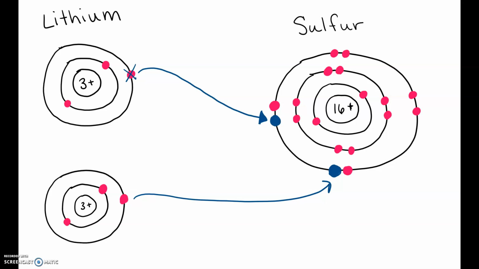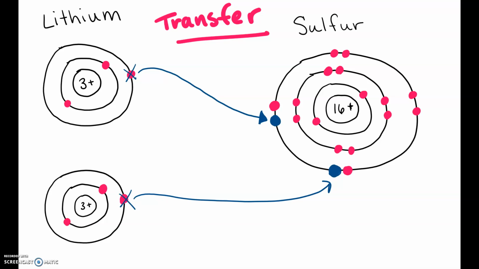Now, this is a transfer of electrons. When this transfer of electrons occurs, each lithium atom loses 1 electron and now has 3 protons, but only 2 electrons.